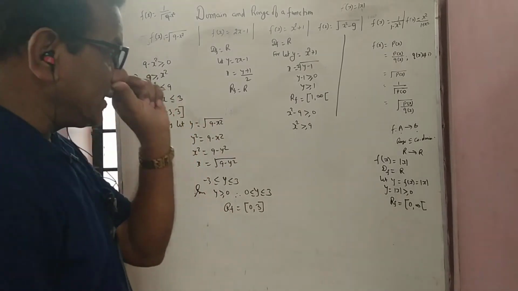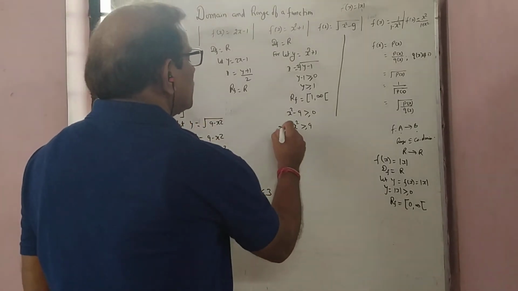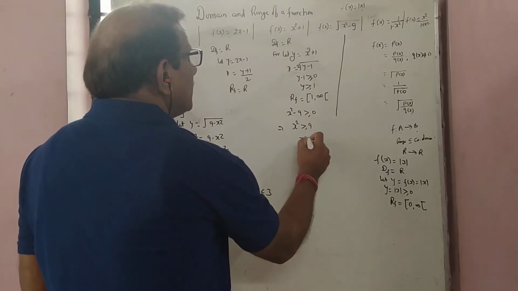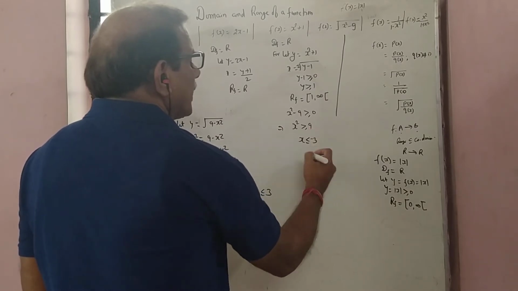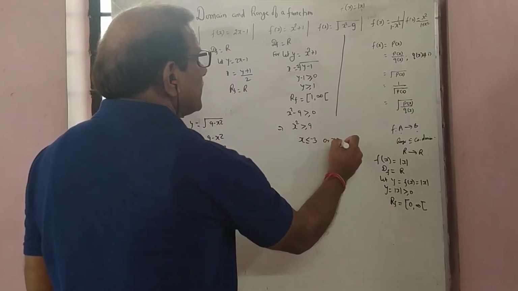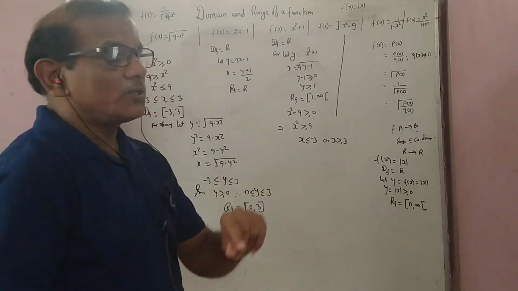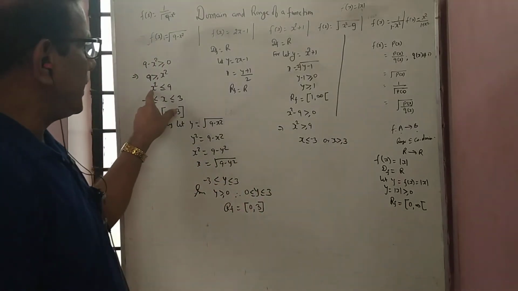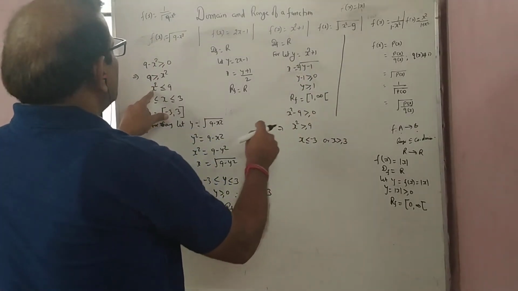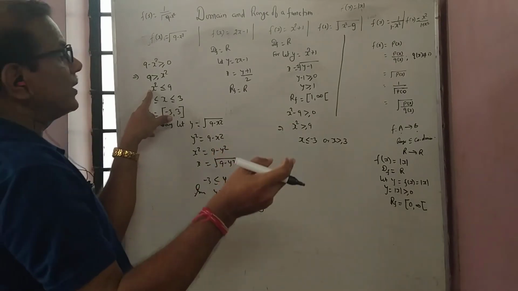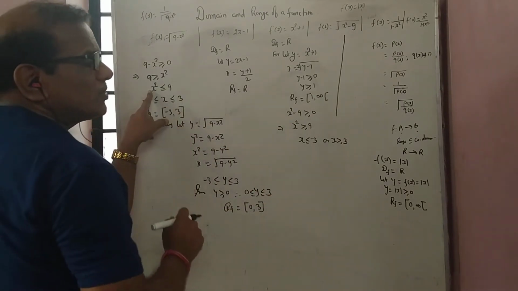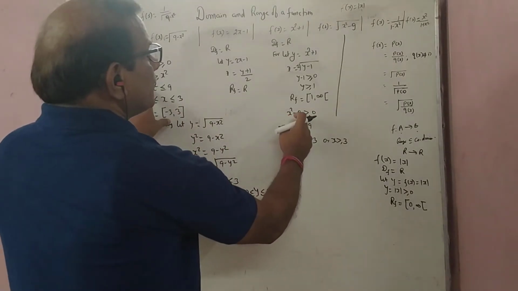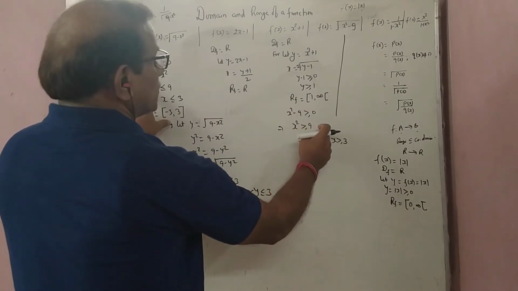If x square is greater than or equal to 9, what will you do? Then x is going to be less than or equal to negative root of 9, or x will be greater than or equal to positive root of 9. Here and here, see the difference. In this case, the square of the variable is less than or equal to a constant, and here the square of the variable is greater than or equal to a constant.